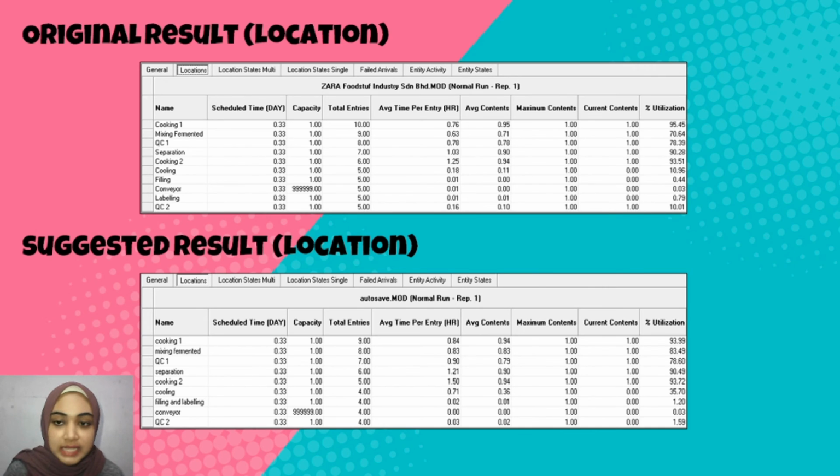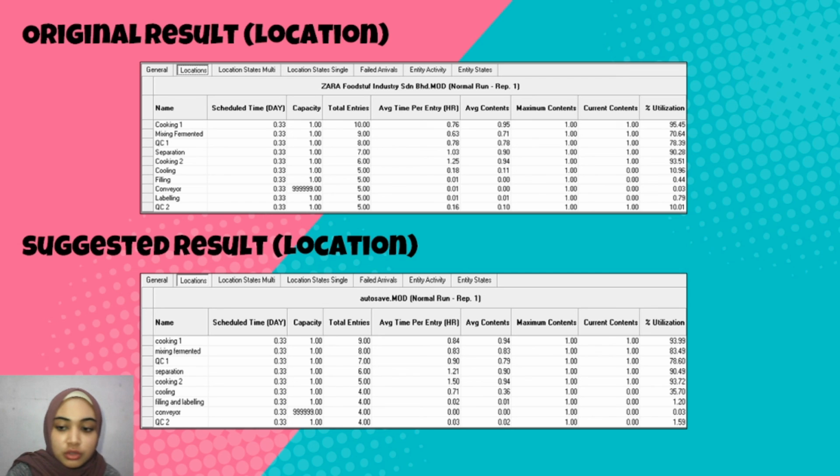Suggested result. As we can see, in the suggested result the utilization of cooking one is 93.99, and then for mixing fermented, compared to the original layout, in the suggested result it increases to 83.49, and then QC1 also increases to 78.60, and separation also increases, which is 90.49.